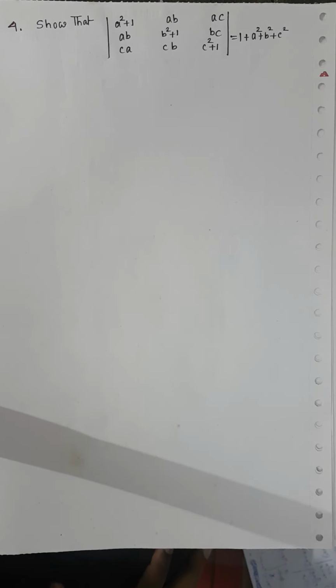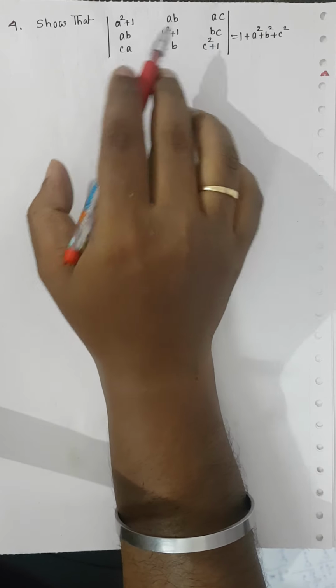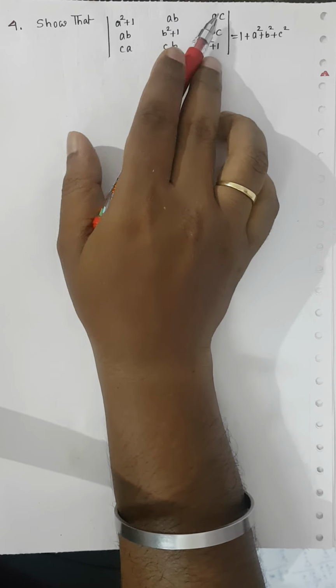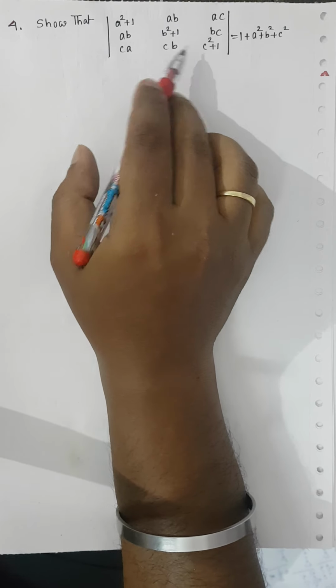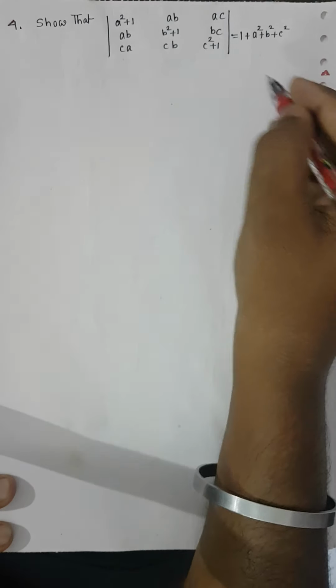Now it is question number 4. This is a very important question. Show that the determinant a square plus 1, ab, ca; ab, b square plus 1, bc; ac, bc, c square plus 1 is equal to 1 plus a square plus b square plus c square. This is a very important question, star mark on the question.